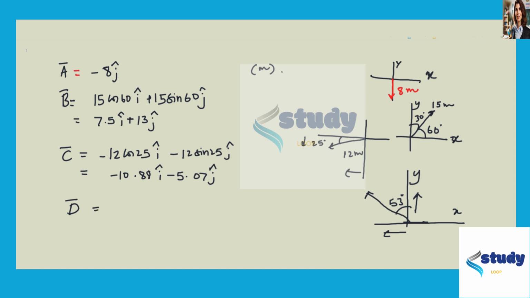Hence, D can be written as, it has a length of 10 meters, and hence D is 10 sin 53, because the angle is with y-axis, the x component would be sin 53. But with a minus sign i hat, because the x component is negative, plus 10 cos 53 j hat, which turns out to be minus 7.99 i hat plus 6.02 j hat.